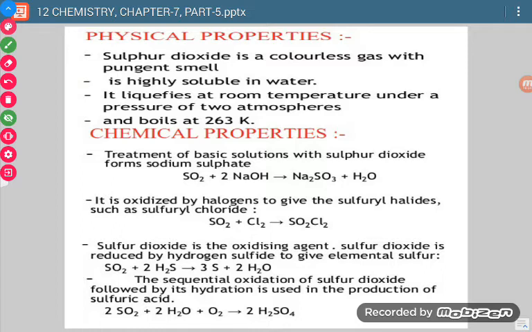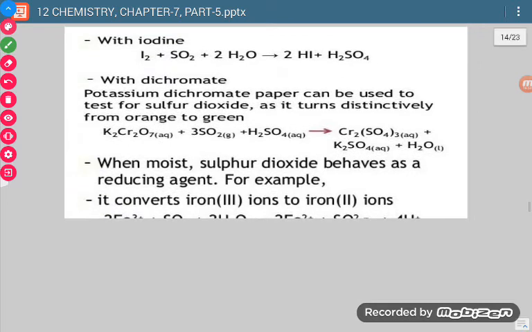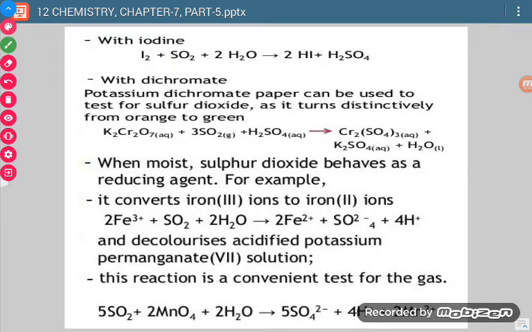If we want to produce sulfuric acid, then sulfur dioxide is used. It undergoes oxidation first, then the oxide formed undergoes absorption, and there is formation of sulfuric acid. So there are so many uses of sulfur dioxide. Now a few more reactions. If we treat sulfur dioxide with iodine solution, there is formation of hydroiodic acid and sulfuric acid.